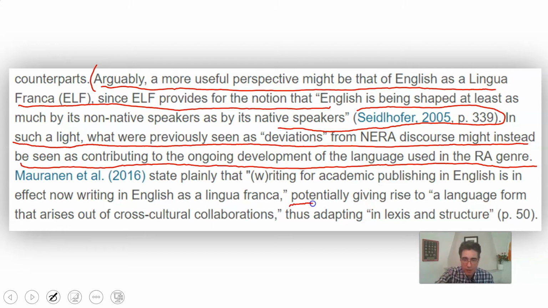Then I interrupt the quote and I add in my own voice, again, potentially giving rise to a language form that arises out of cross-cultural collaborations, thus adapting in lexis and structure. That last sentence that begins with Mauranen et al. 2016 is me bringing in that study, that chapter from a book, to add an important voice to my sauce, a key ingredient that will make that sauce extra strong.